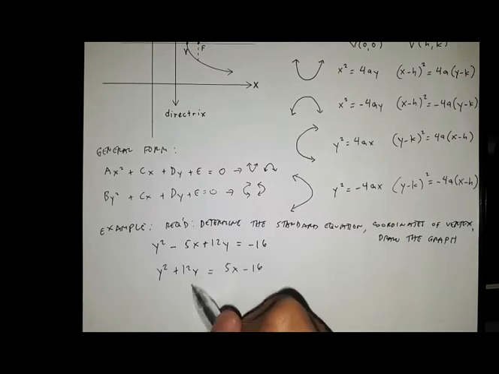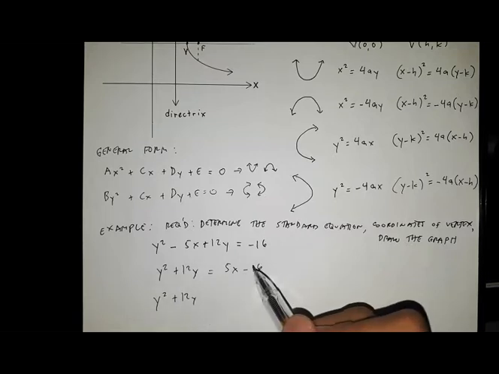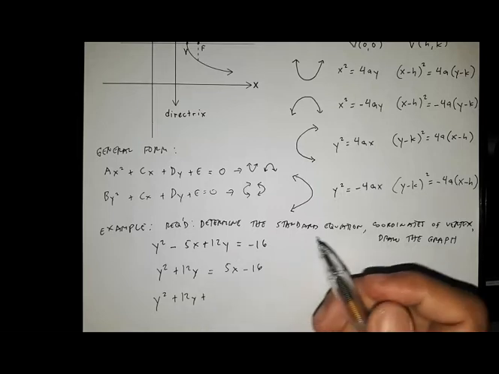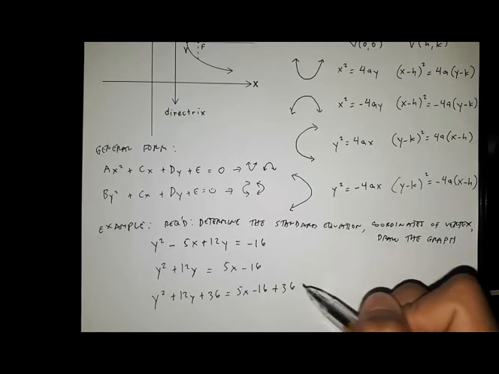Now, by completing the square, we have y squared plus 12y plus the square of 1/2 of 12, which is 6 squared, which is 36, equals 5x minus 16 plus 36.